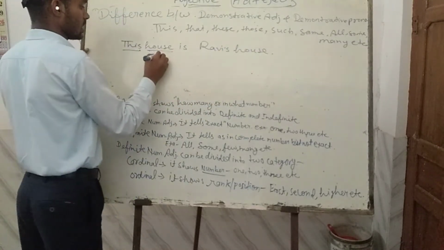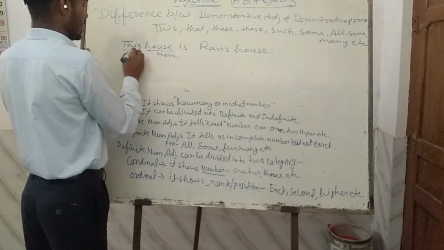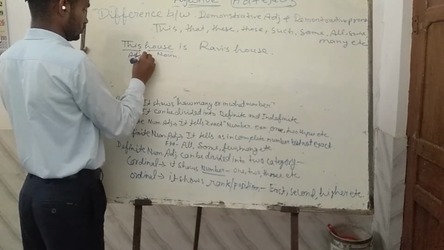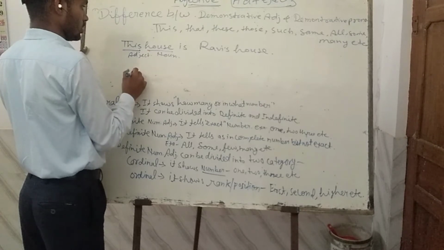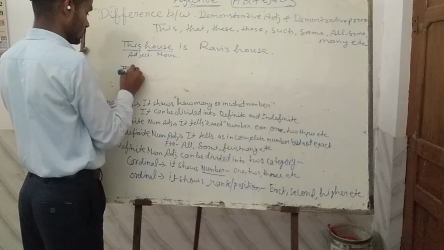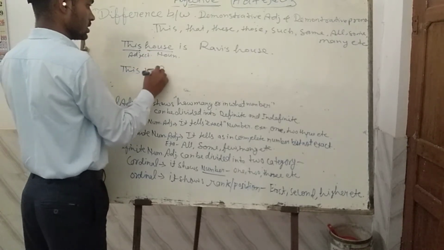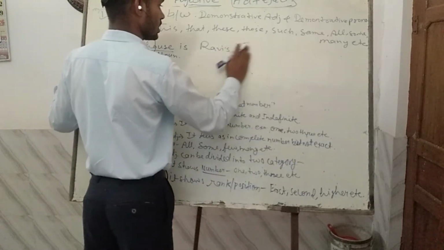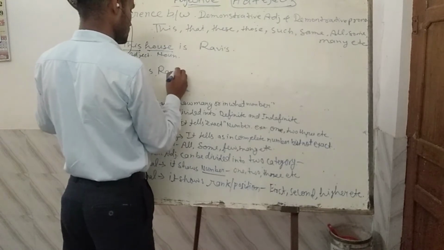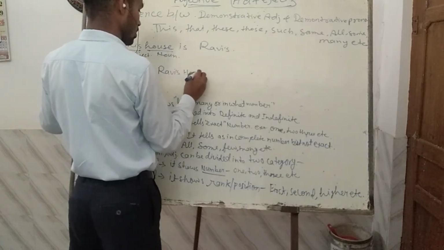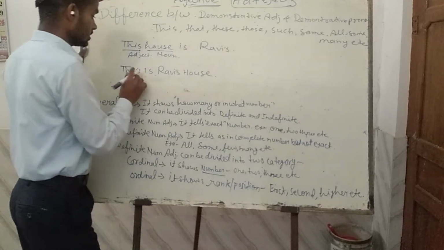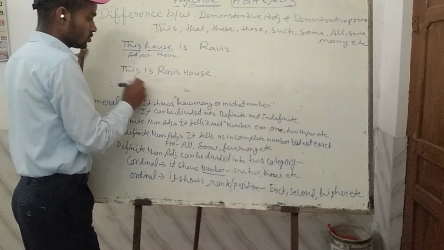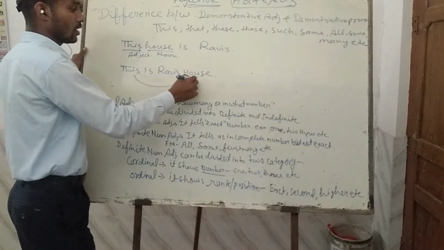House is the noun and this is the adjective. But: this is Ravi's house. Here, this is being used in the place of the noun house.